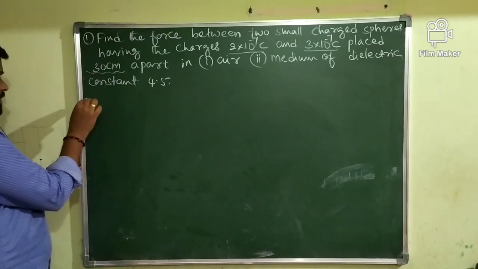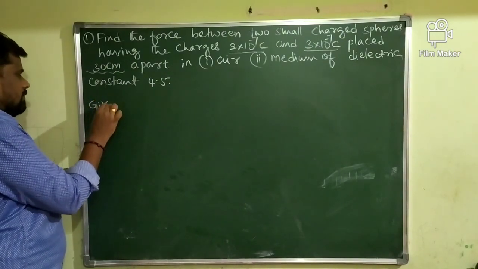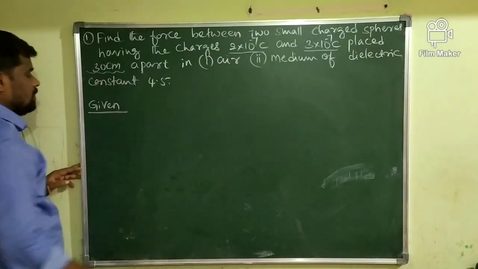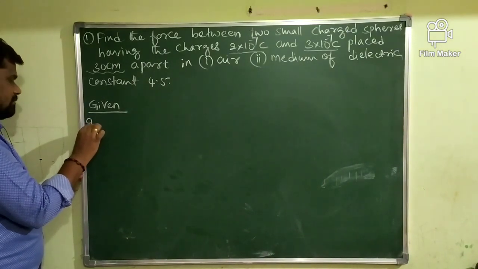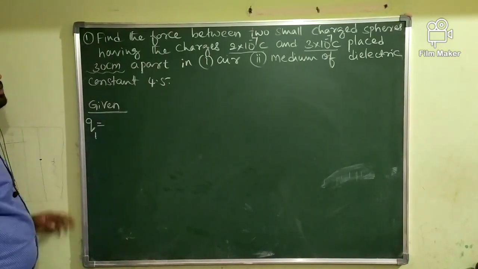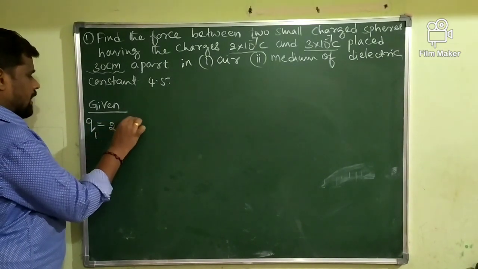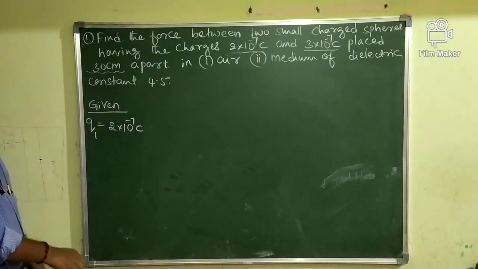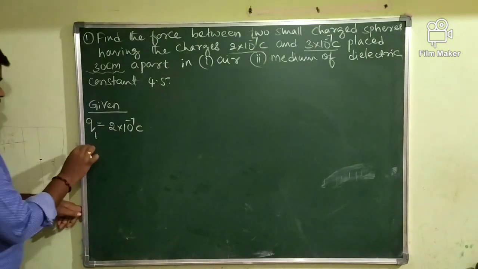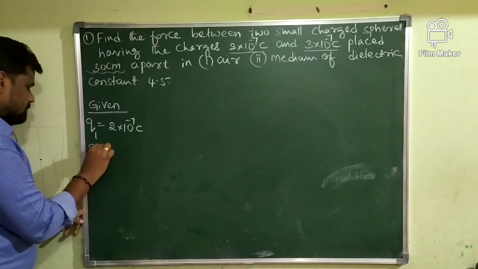So let me write given values here. What are the given values? Write down. Charge on the first sphere is given, Q1. What is the charge on the first sphere? 2 into 10 power minus 7 coulomb. Second, the charge on the second sphere is given.